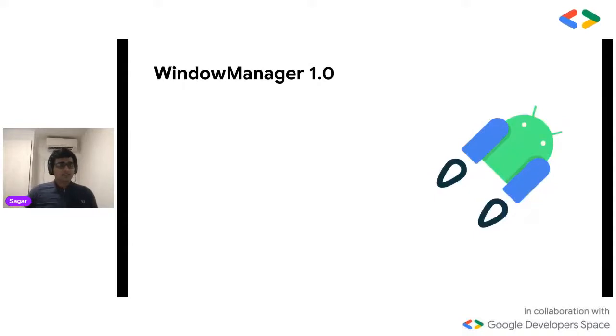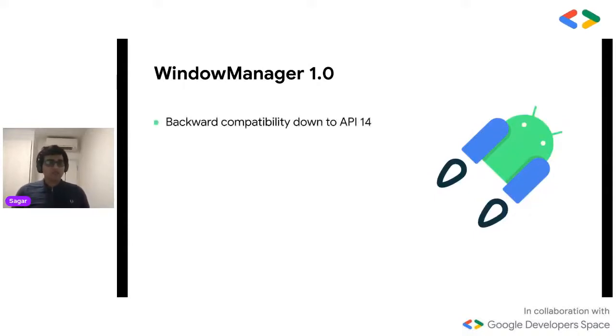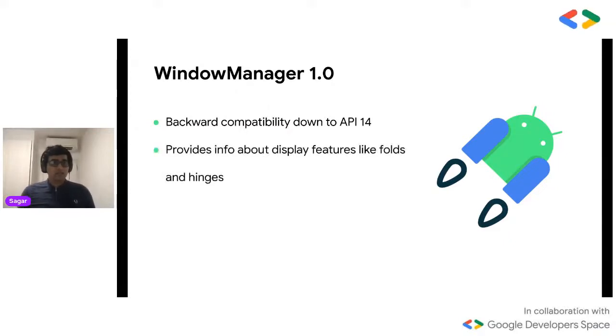We also introduced Window Manager. It's basically a library that gives you a backward compatibility API to work with window sizes and metrics. It provides you the accurate measurements to load correct resources.